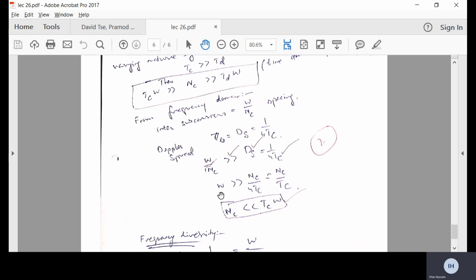So you can write this as W greater than NC over 4 TC, or roughly NC over TC, or we can say that NC is constrained by TC W. So NC has to be less than the number of samples that can come in the coherence time.